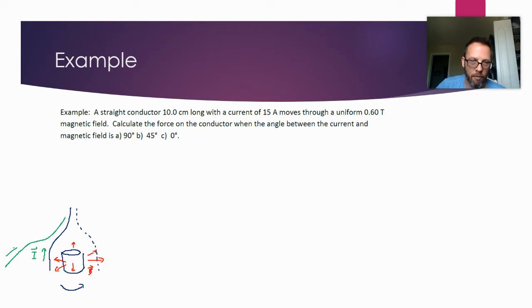So the current in B is flowing like that. It would still experience a force, but maybe not so much. And part C is saying that the wire is perfectly horizontal to it. So let's just do these sample calculations. The results really shouldn't surprise you at all. We're just getting used to the formula here. So F_m equals ILB sine theta.